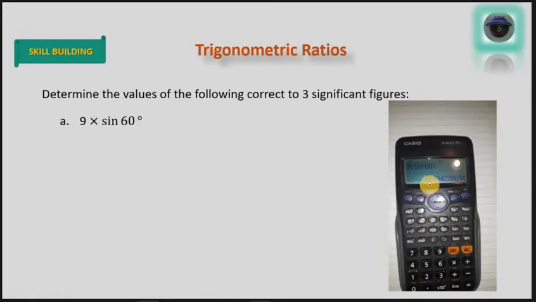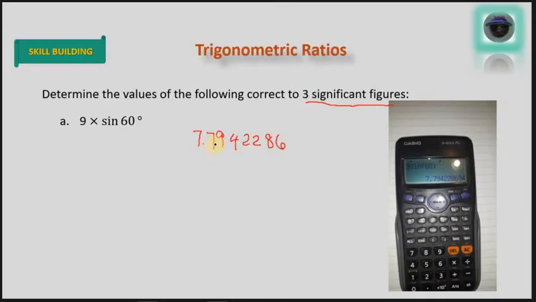So what you want to do is to write up to 3 significant figures as requested. So let's write the number that we're seeing in the calculator: 7.79422 86, etc. Now we only want 3 significant figures.